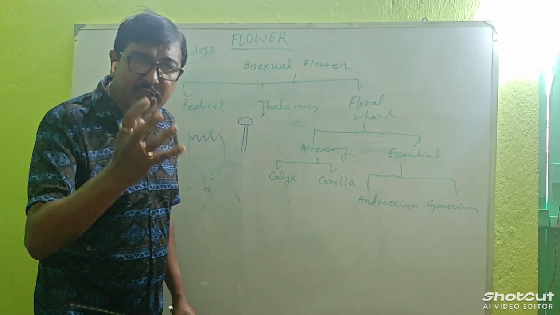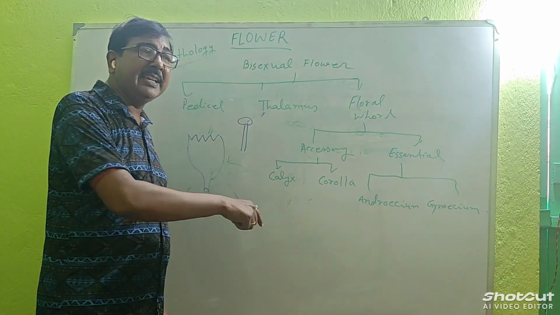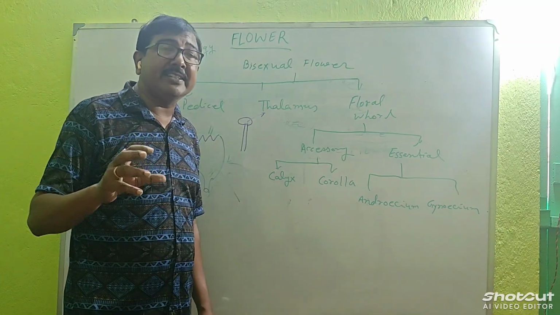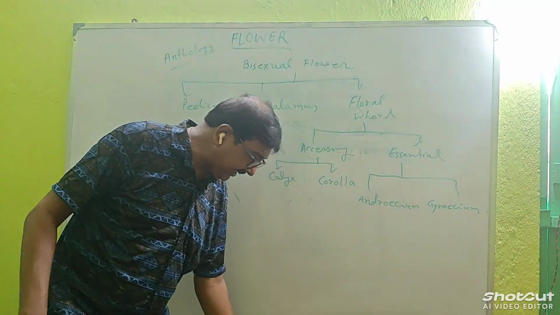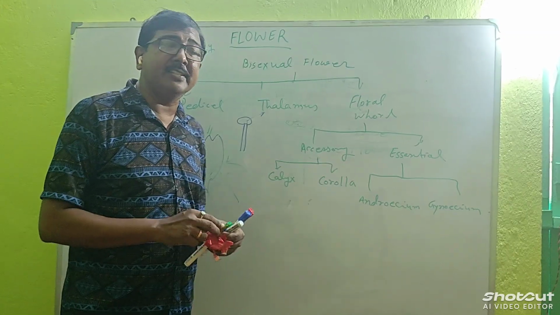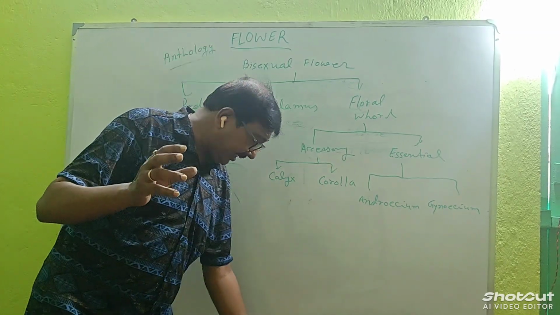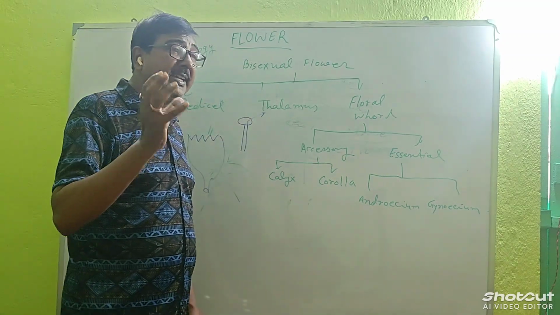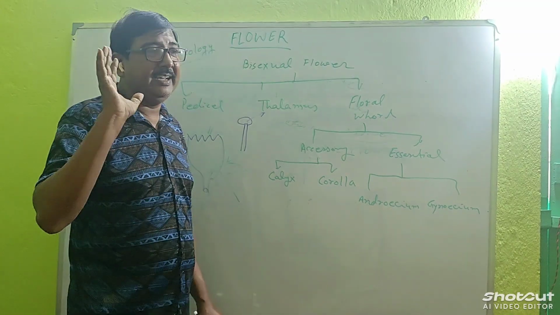When the fruit is mature, that calyx is still present. This is called persistent calyx. Have you seen a tomato? In a tomato the calyx is present. This is the persistent calyx.